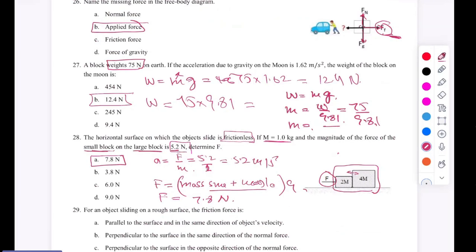So 28 is to calculate the force on a horizontal surface on which the object is frictionless.